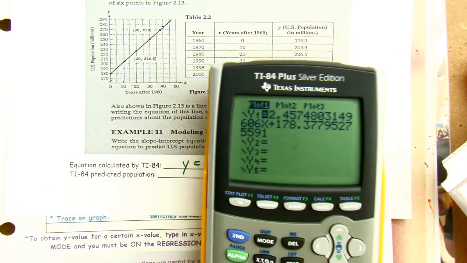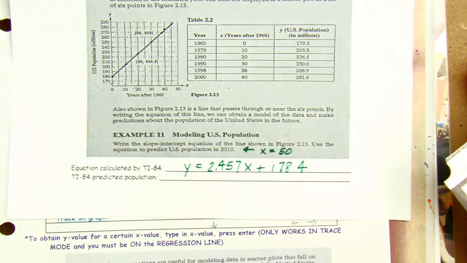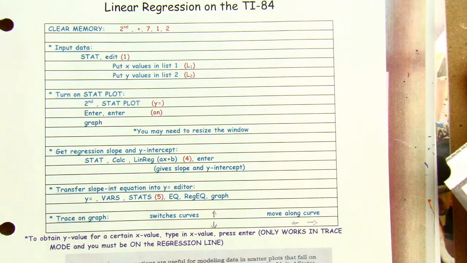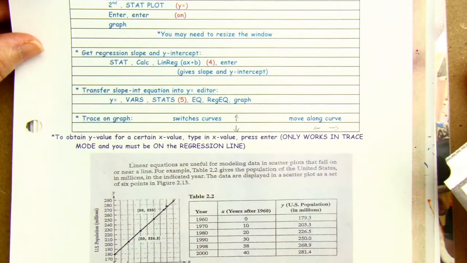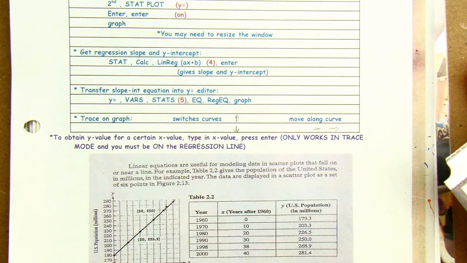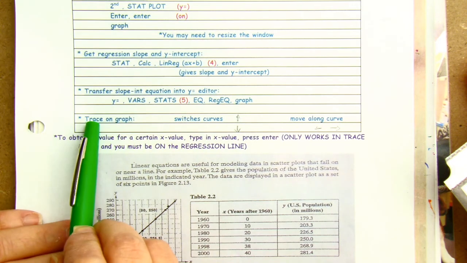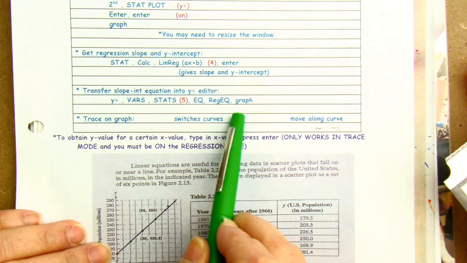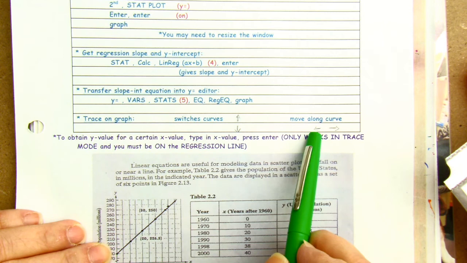So what I'm going to do is move the paper up for that bottom part of the notes that I told you about. And say that we can actually trace on this graph. Right? The up-down arrow switches curves. And left-right moves along the curve.